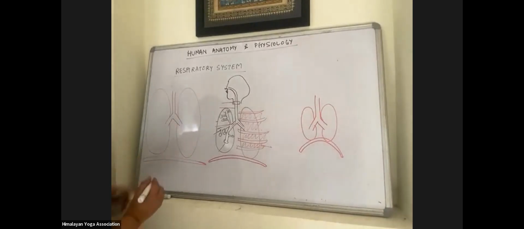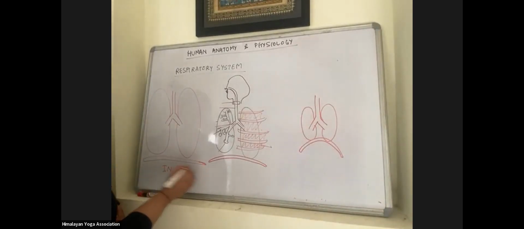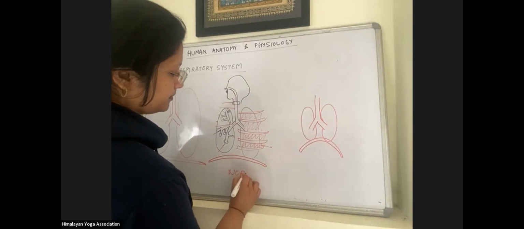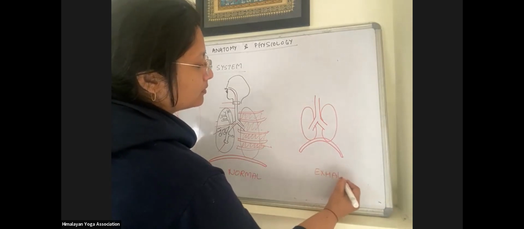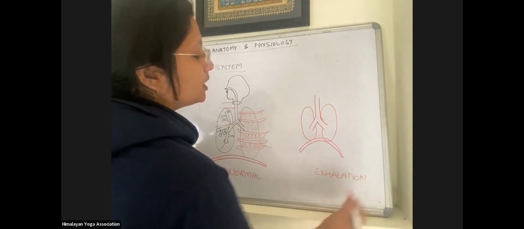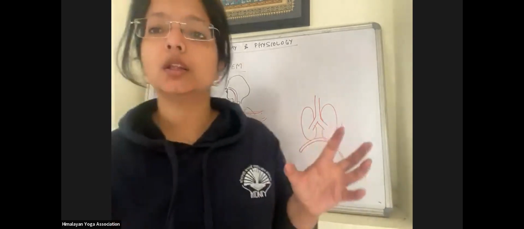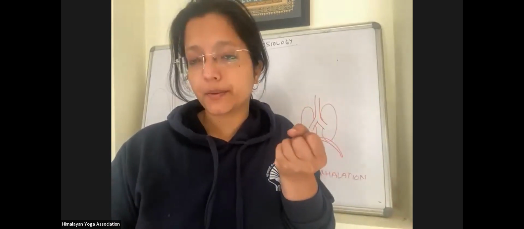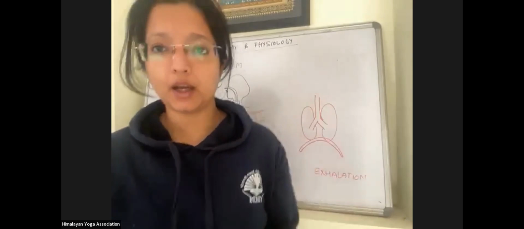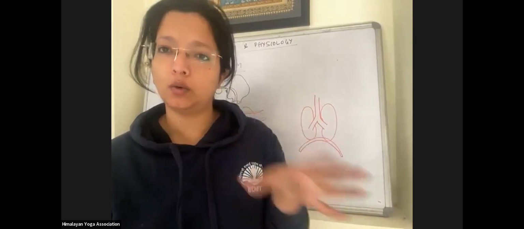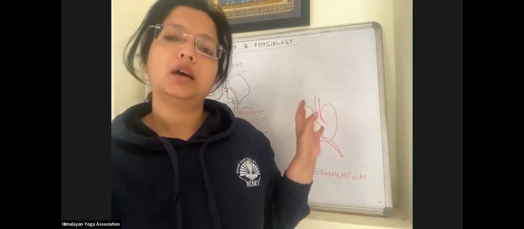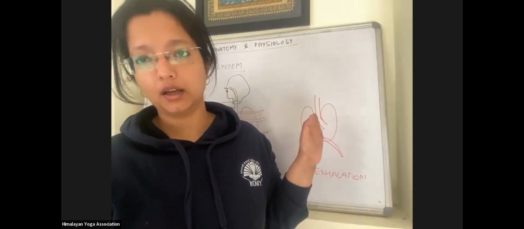So you see, this is the situation during inhalation. This is normal, and this is exhalation. So you see, during exhalation, there is still some reserved air in the lungs. It does not collapse. All the air is not expelled out, because if that happens, then it will just collapse and it will be difficult to open again.